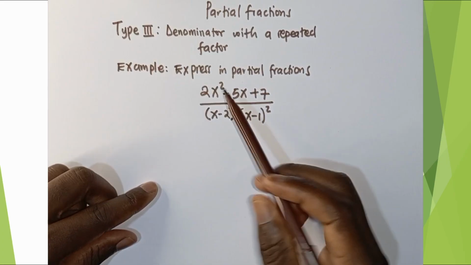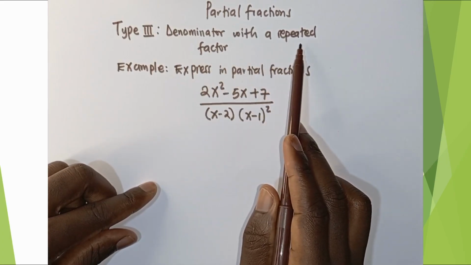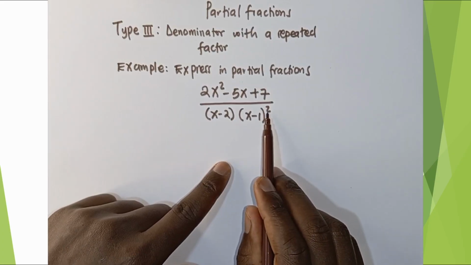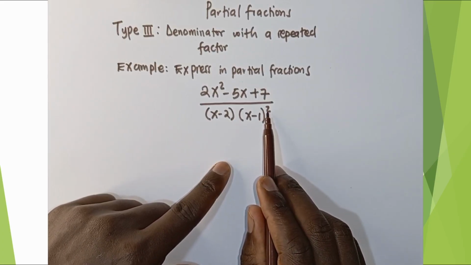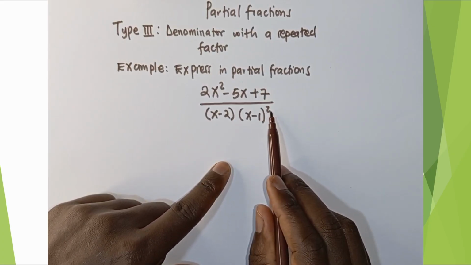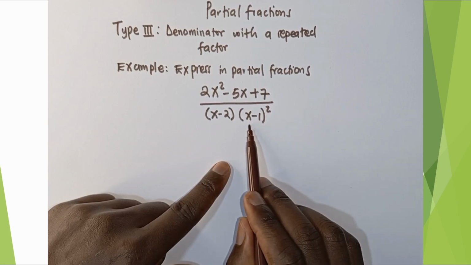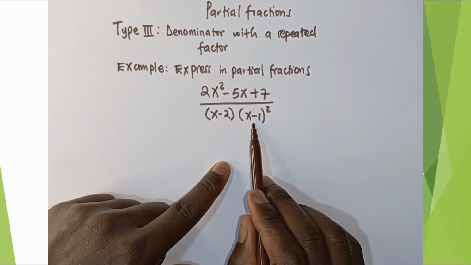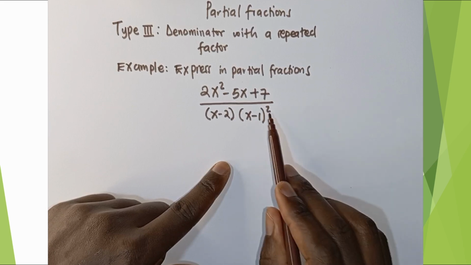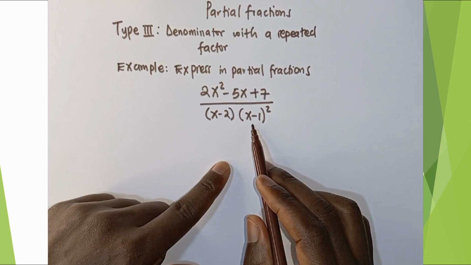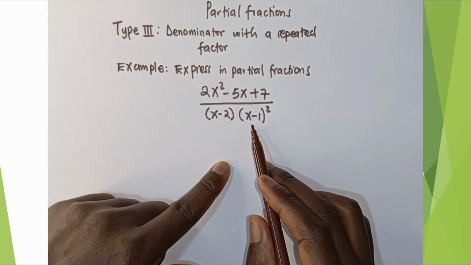Now, to identify that a denominator has a repeated factor, you look at the power of the factor. Irrespective of what is inside, if the power is 2, 3, 4, 5, like that, it means that is a repeated factor.